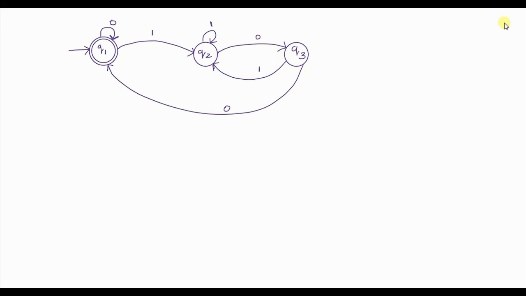Now this is a DFA that is given to us, and we are supposed to convert this DFA to a regular expression using Arden's theorem. Now whenever we work with Arden's theorem, we work with equations. How many equations? The number of equations equal to the number of nodes or states.